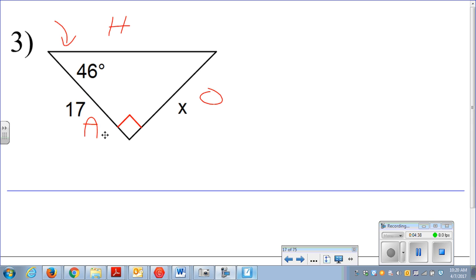Next, we're going to pick the correct trig function. Since I have the opposite and adjacent, I'm going to use tangent. It's always tangent of the angle, 46. And make sure you put opposite over adjacent, meaning putting x over your 17 here.